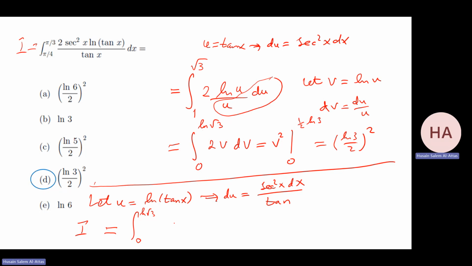And the result is 2u du. Then you can do the answer. That will be u squared from 0 to half ln 3. So the answer is (ln 3 over 2) squared. So you can do it in 2 steps or in 1 step. Yeah, but you need to be careful when you do it this way.